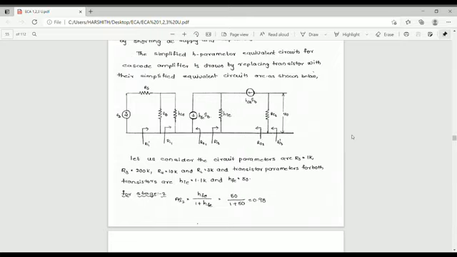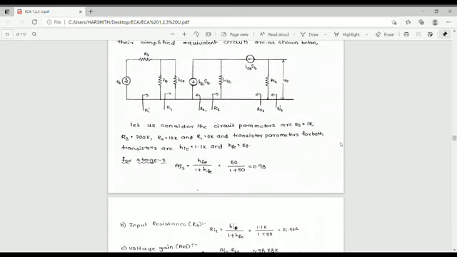Analysis of the second stage. First, the current gain AI2 equals HFE by 1 plus HFE. HFE is 50, so 50 by 51 becomes 0.98. The input resistance RI2 equals HIE by 1 plus HFE, which is 1.1K by 51, giving 21.56 ohms.